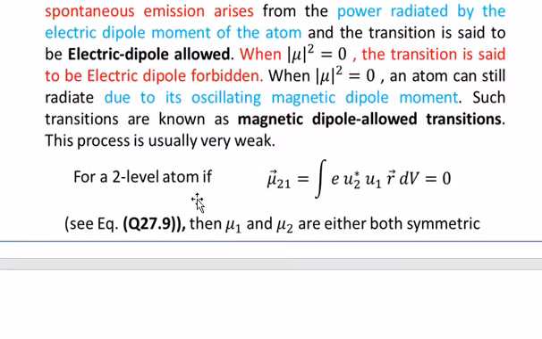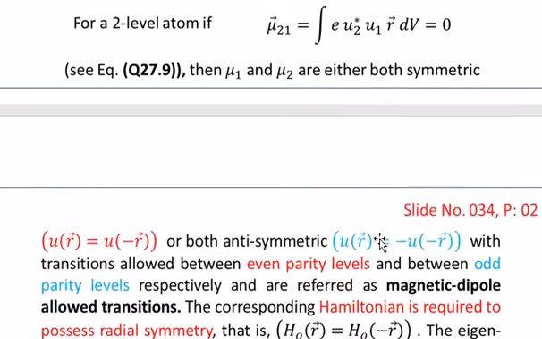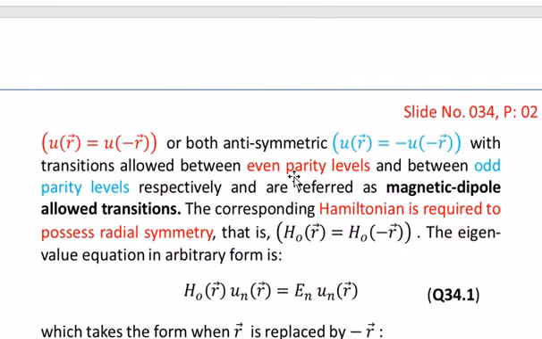For a two-level atom, if μ21, which is defined by the integral of u2 star into μ into u1 into r into dV, is equal to 0, and for this you can see equation number 27.9, then u1 and u2 are either both symmetric or both antisymmetric.